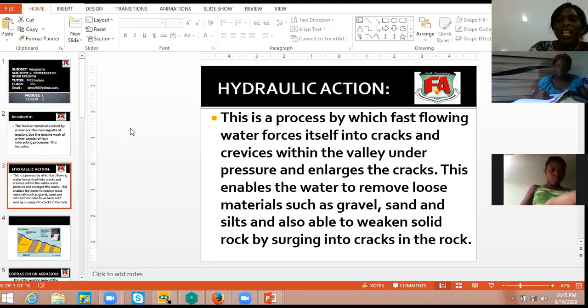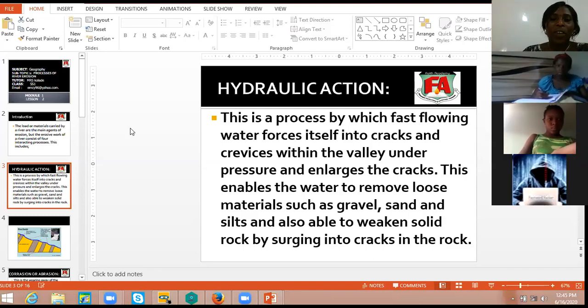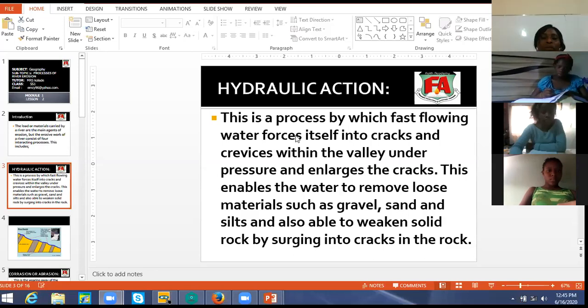Now, one major form of river erosion is hydraulic action. This is a process by which fast-flowing water forces itself into cracks and crevices, that is, cuts or cracks on the wall or within the valley.